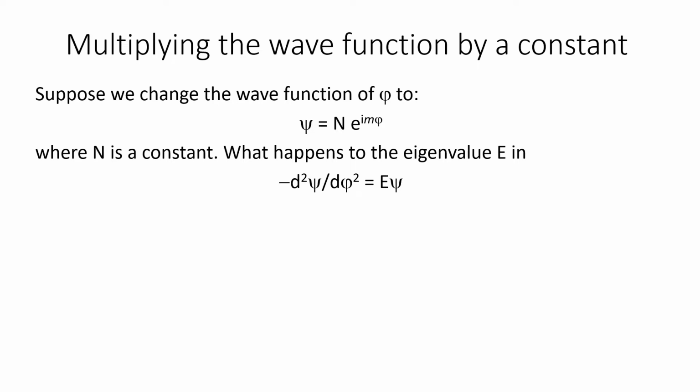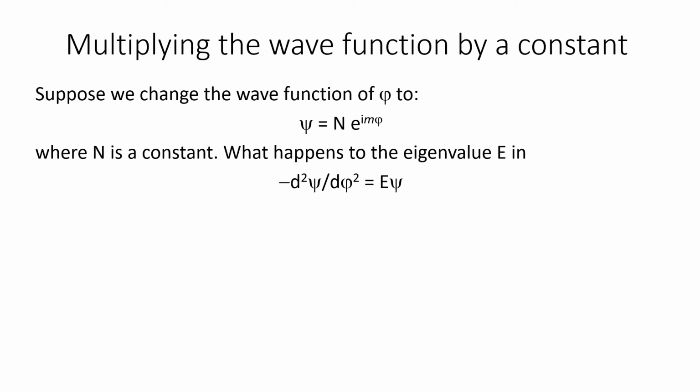Now, this thing, again, looks a little bit random, but actually this is going to turn out to be quite useful and significant when we look at wave functions. And it's this idea of what happens if you multiply the wave function by a constant in the context of looking at our eigenvalue equations. So we had this wave function before of e to the power im phi.